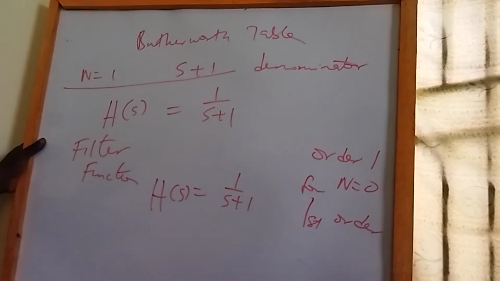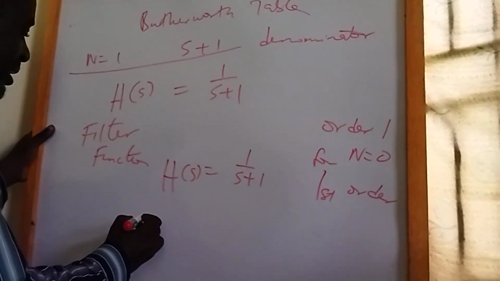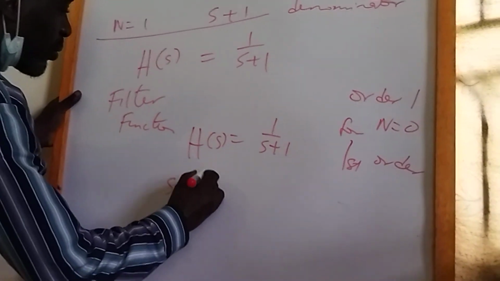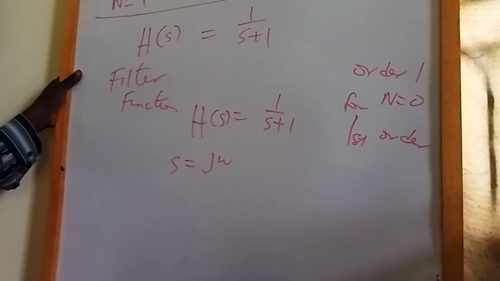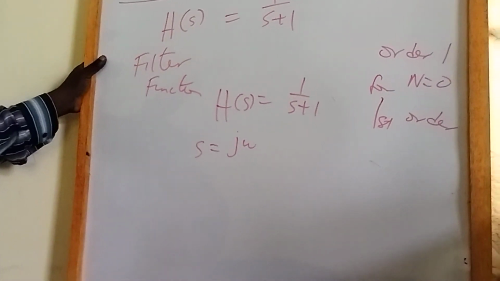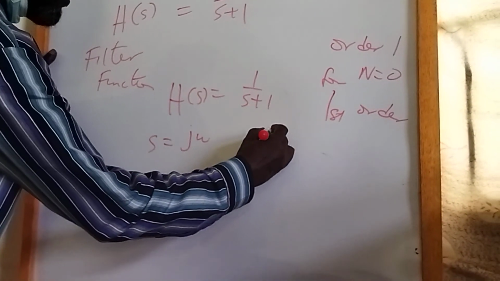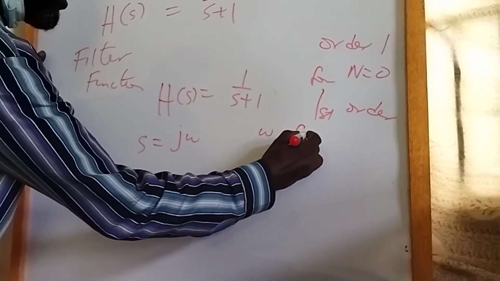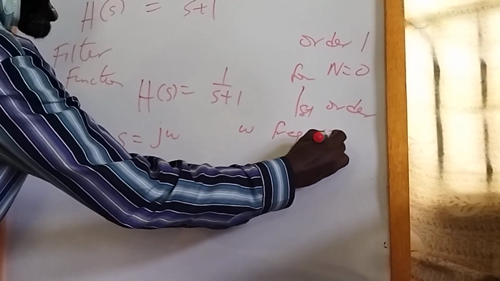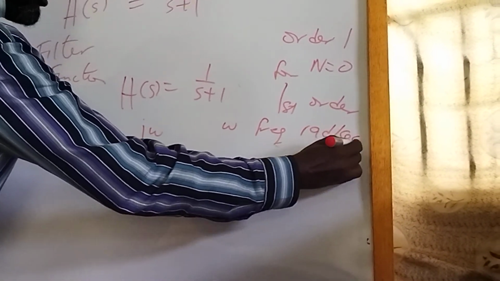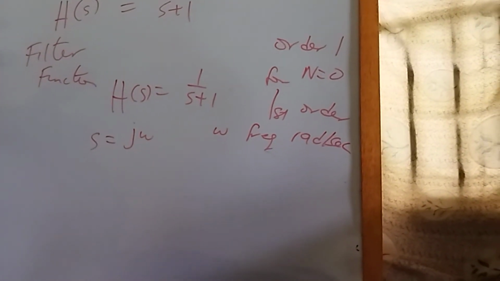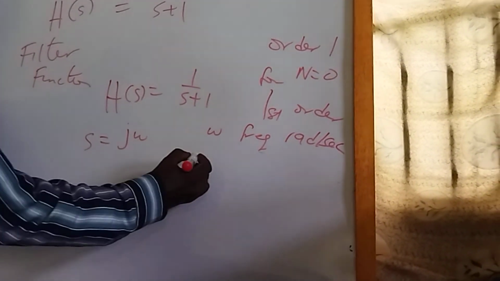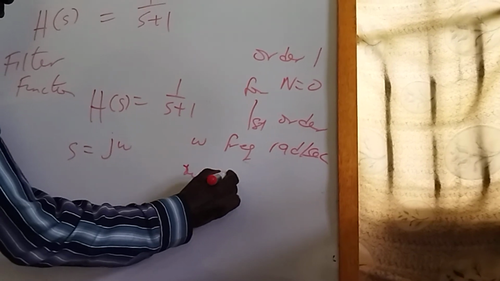If that is the first order, then s is equal to j omega, where omega is the frequency in rad per second. Omega equals 2 pi f.